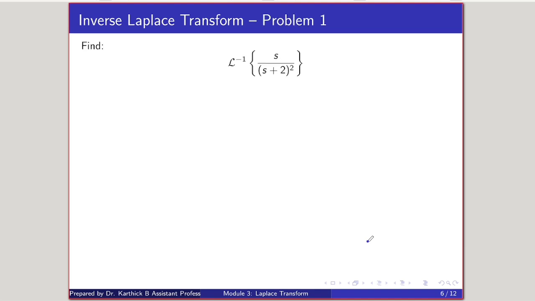The first problem: find the Laplace inverse of s by s plus 2 whole square. Here I am taking the numerator and rewriting the given function.